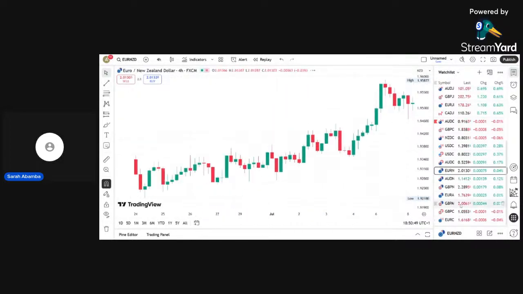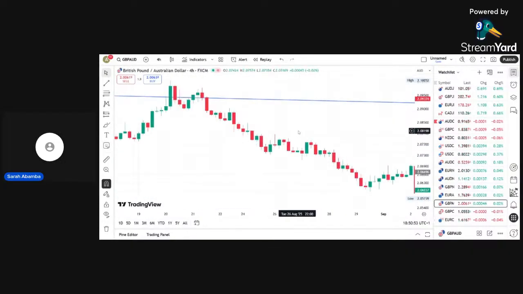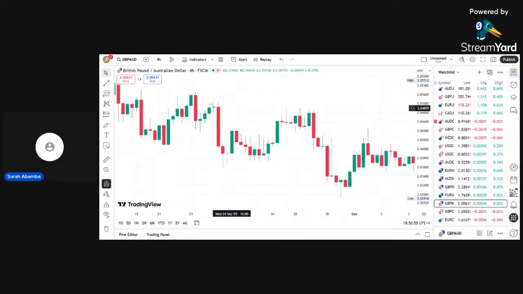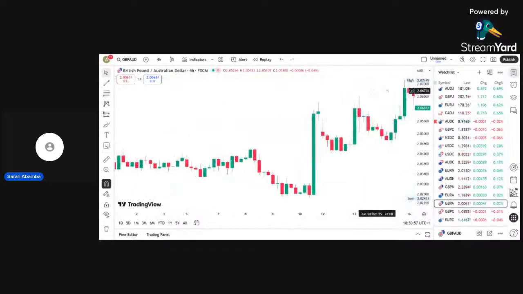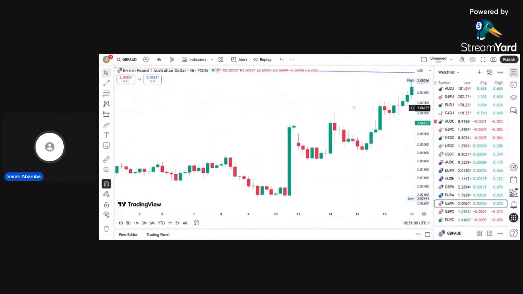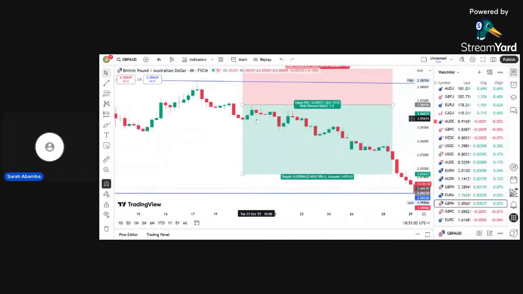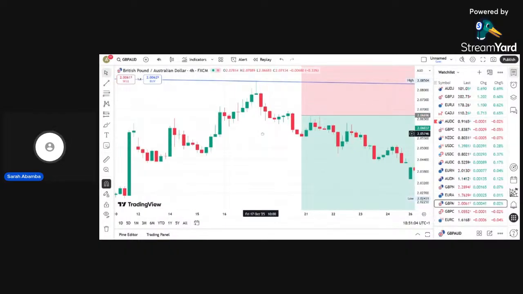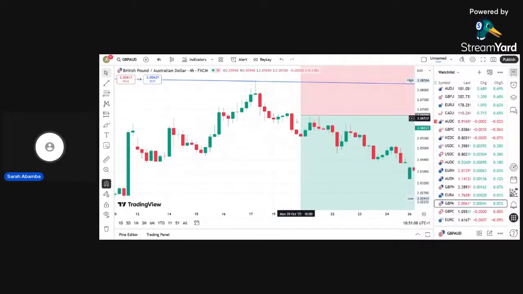Let me look at some trades that we are even on. Okay, the market came and did its thing. We entered the trade yesterday. I didn't see it from the beginning, but I caught the second leg, the second pullback.